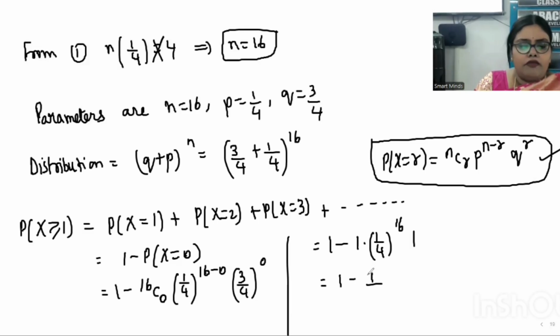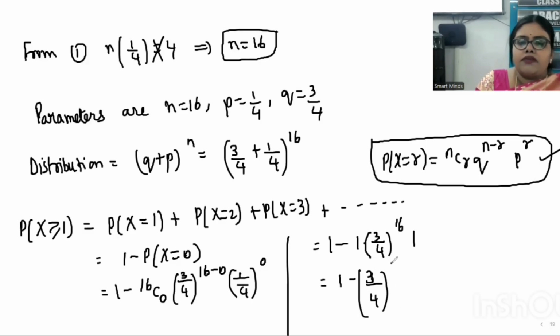Or 1 minus 3 by 4 power 16, because the formula can be taken as q power n minus r, p power r, where here you take q as 3 by 4 and here p as 1 by 4. So the answer is 1 minus (3 by 4) whole power 16. This is the final answer.